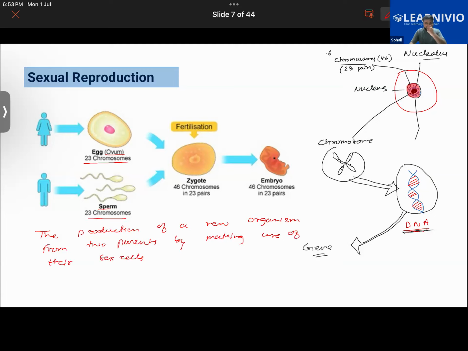By the way, sex cells are also called gametes. Keep that in mind. So by making use of their sex cells or gametes is called sexual reproduction.